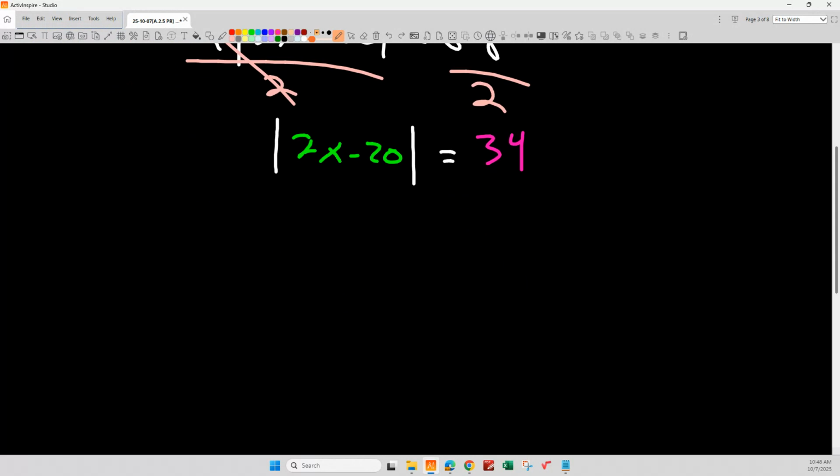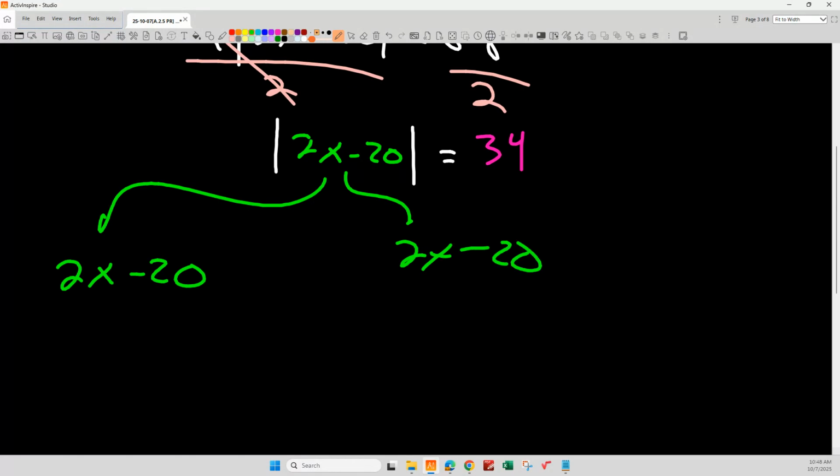So I'm going to get whatever's inside, which is 2x minus 20, either equals positive 34 or negative 34. Okay? Part 2, I split it. Now solve them. Piece of cake.